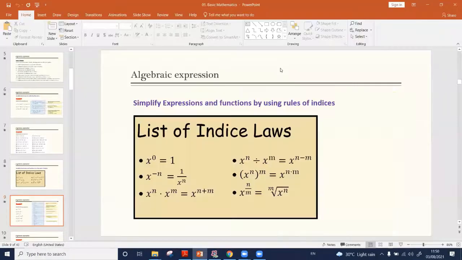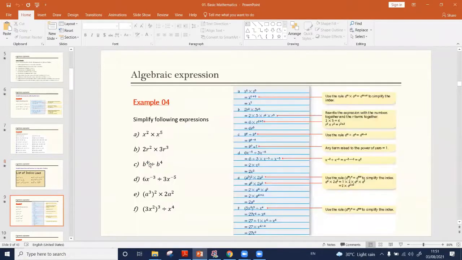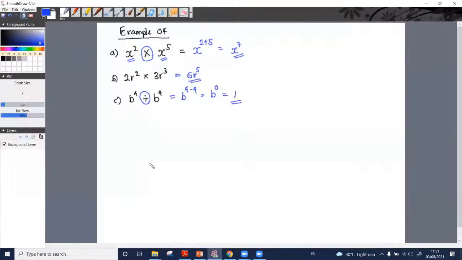That is again a law of indices. If the power value is 0 in any given number, whether it is a variable or any real number, the answer should always be equal to 1. Therefore, b to the power 0 should be equal to 1. So here also, the final answer should be 1.